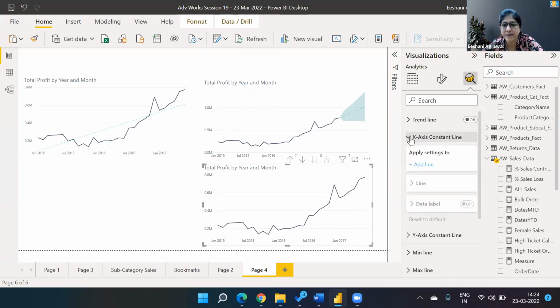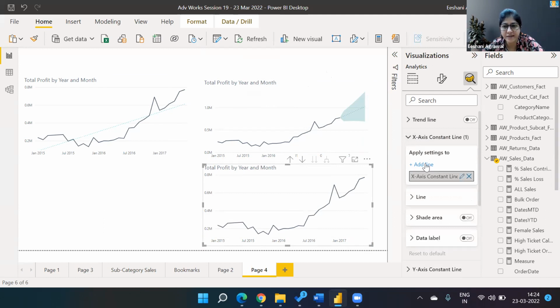If I want to add an x-axis constant line and I click over here, what do you want the line to be? Let's say January 2016.